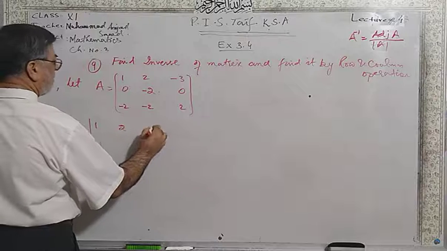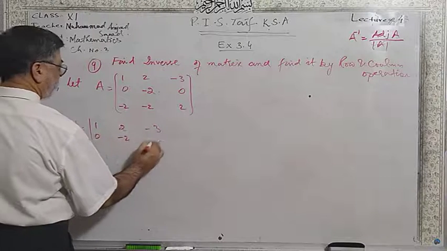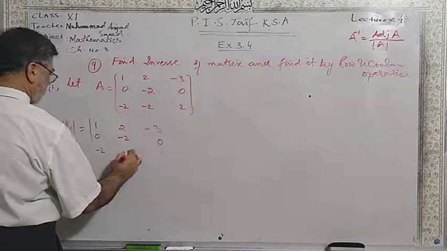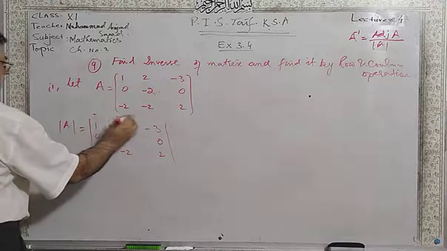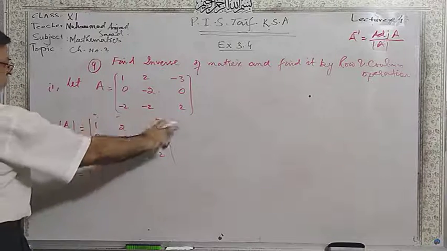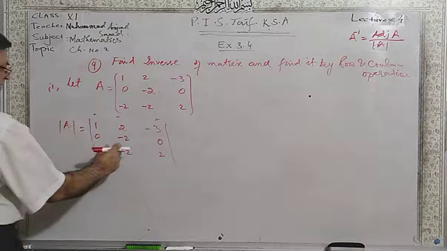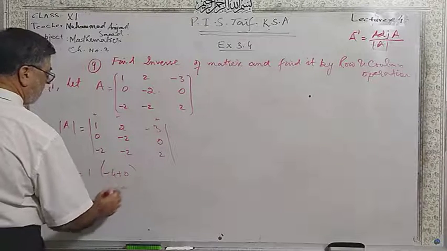1, 2, minus 3; 0, minus 2 and 0; minus 2, minus 2 and 2. Here the signs are plus, minus and plus. For 1, remove the first row and first column: AD minus BC, minus 4 plus 0.